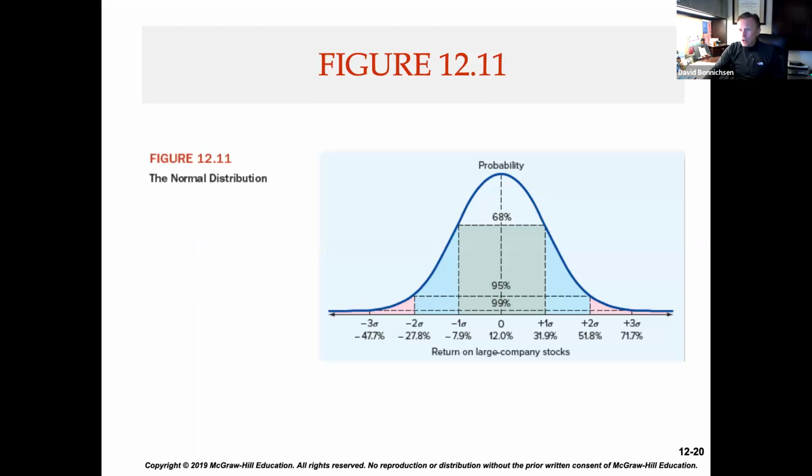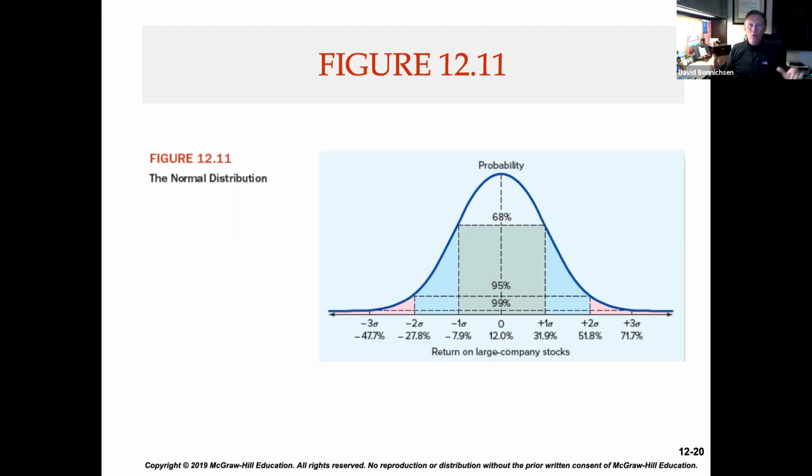When we think about the normal distribution and probabilities of outcomes, we think about the mean, 12%, plus or minus one standard deviation. The deviation was 19.9, so 19.9 plus 12 gives us 31.9% at the mean plus one standard deviation, and negative 7.9 as the mean minus the 19.9% standard deviation.